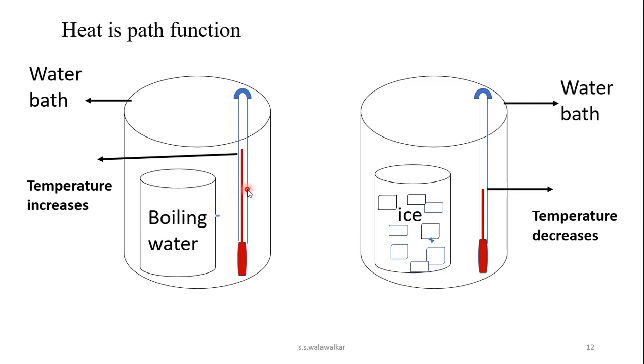This indicates that energy is transferred as heat from the system to the water bath, and therefore the temperature of the water bath increases. However, if instead of boiling water you take ice in a flask and immerse it in the water bath, then the ice melts and the temperature of the water bath decreases. That means the energy is transferred as heat from the water bath to the system, that is the ice, and therefore the ice melts.